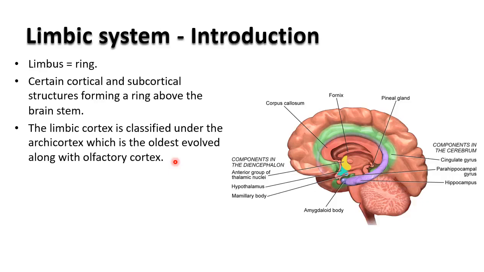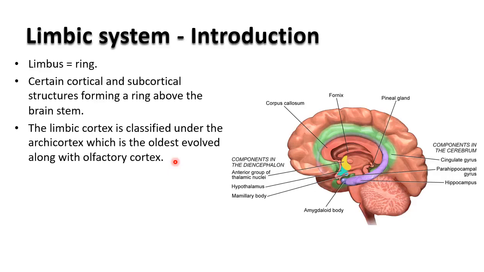Many of these limbic areas, the cortical and subcortical, were initially thought to be predominantly olfactory in function. That is why they are classified here. But now they have found out its other functions, not predominantly olfactory.